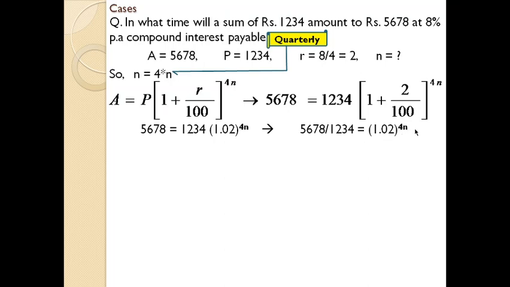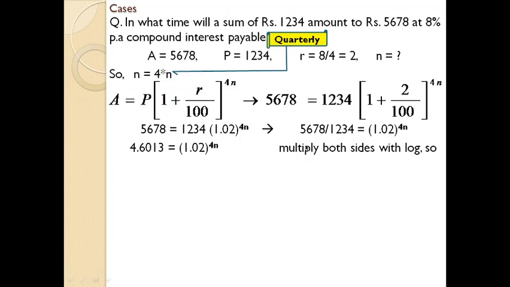From this part onwards, we need to use the log concept, because here the unknown part is the 4n, which is a superscript of a value. So you need to change its position. In order to change this position, you will take log on both sides. So 5678 divided by 1234 gives 4.6013, and the right hand side remains the same.